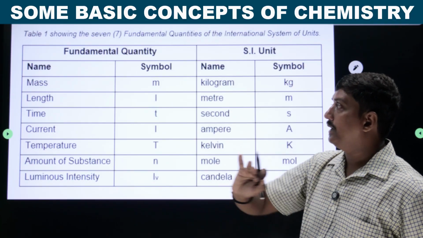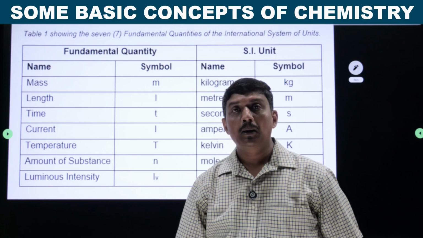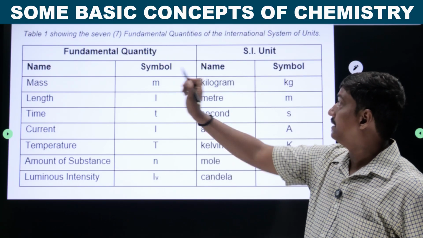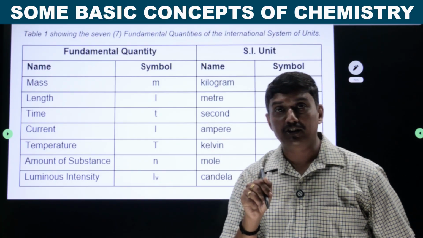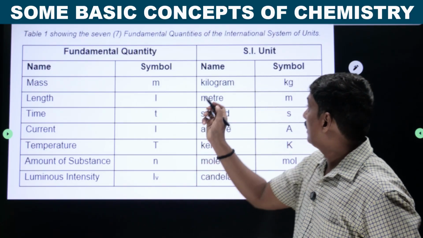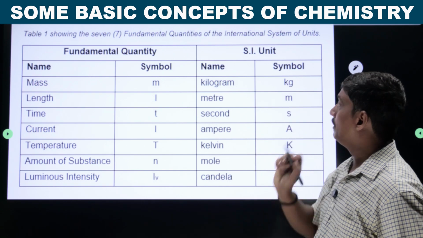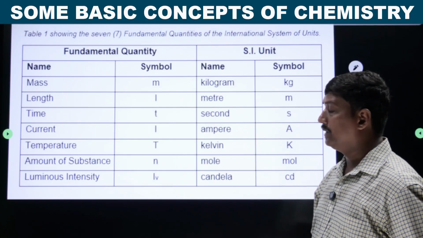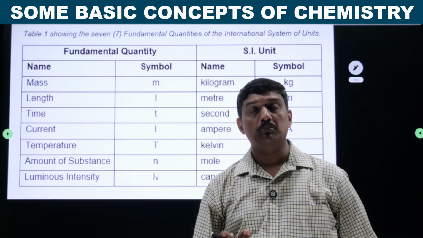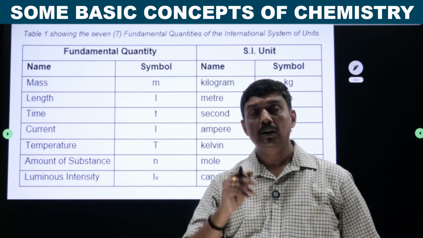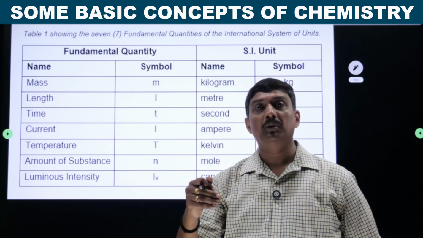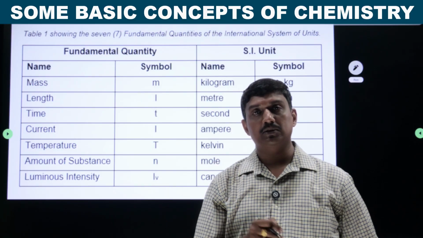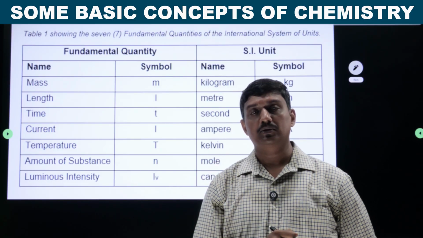The first one is mass. Mass is symbolically represented as m, and it is expressed in terms of kilogram, and the symbol is kg. You may ask, why sir is it kg? Why not nanograms, grams? The reason is that we have different methods to express: the SI system of expression, the CGS system of expression.